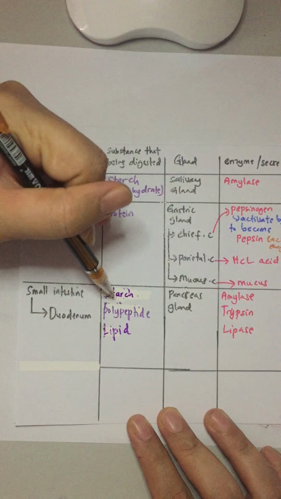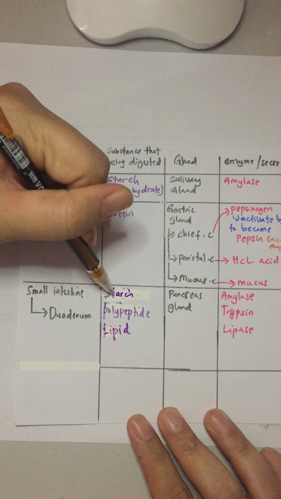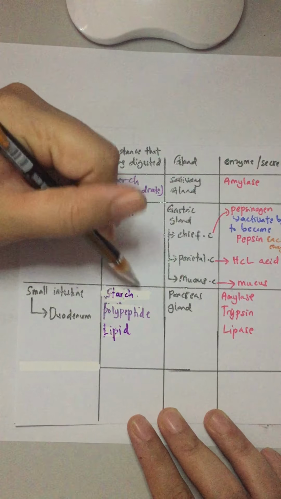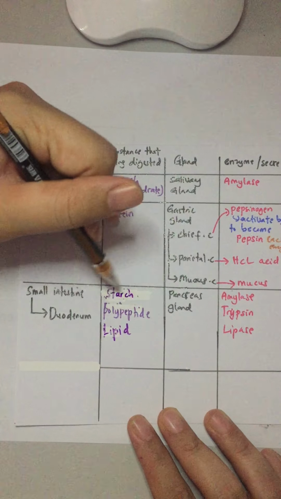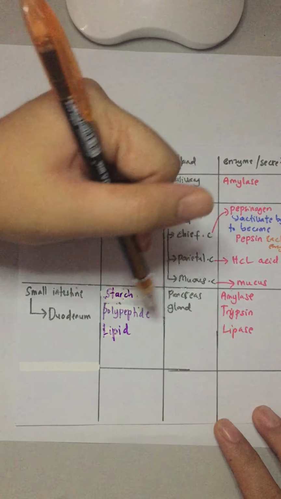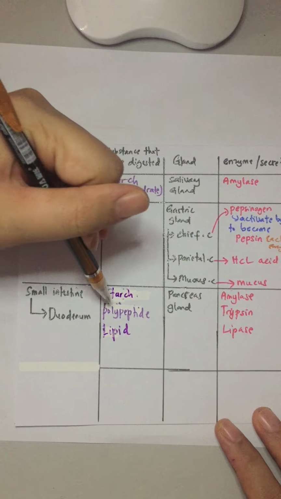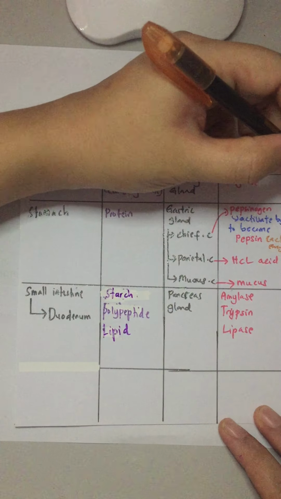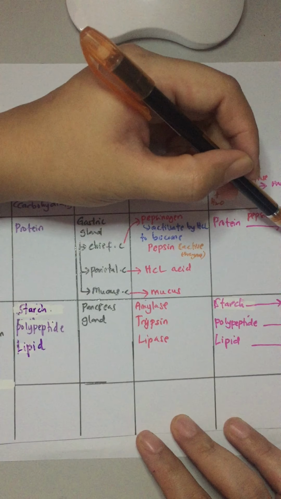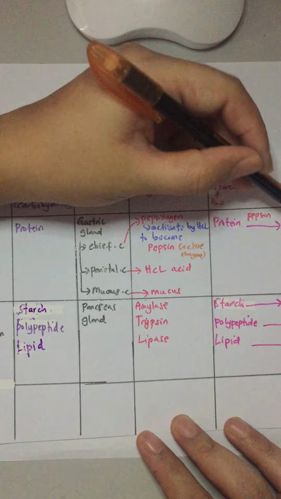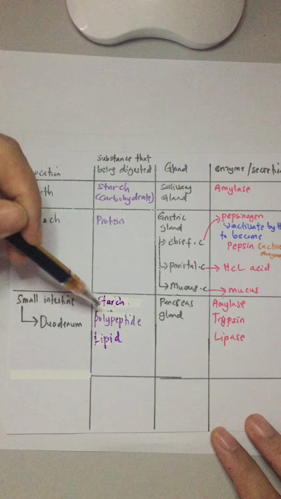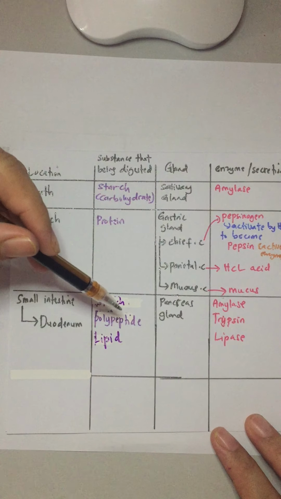During the small intestine, starch masih lagi dalam bentuk karbohidrat. It's a complex molecule. Okay, jadi starch, polypeptide ni kalau kamu tengok, protein dia sudah didigest di dalam stomach. Okay, tetapi dia masih lagi belum dalam simplest form, so they continue digest in duodenum. Okay, dia sambung di sini.